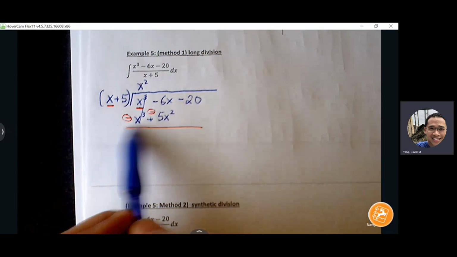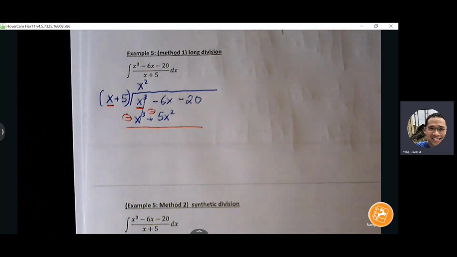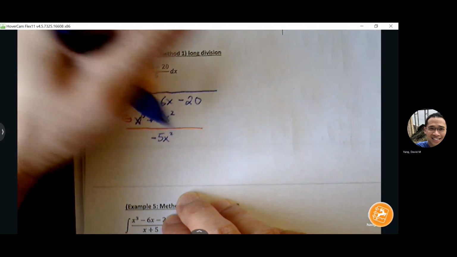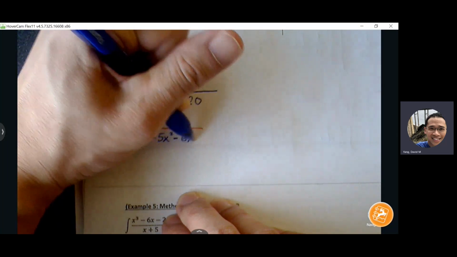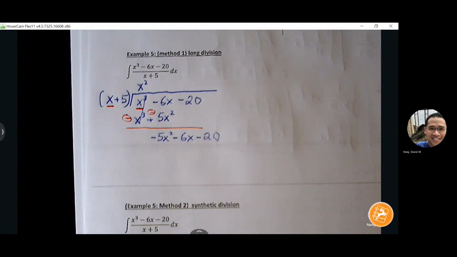You're just changing the sign of that second line here. The first row, you're not going to change the sign. Now we like to put it in descending order. So I'll put the negative 5x squared first, then the minus 6x, then the minus 20. Okay, so far.